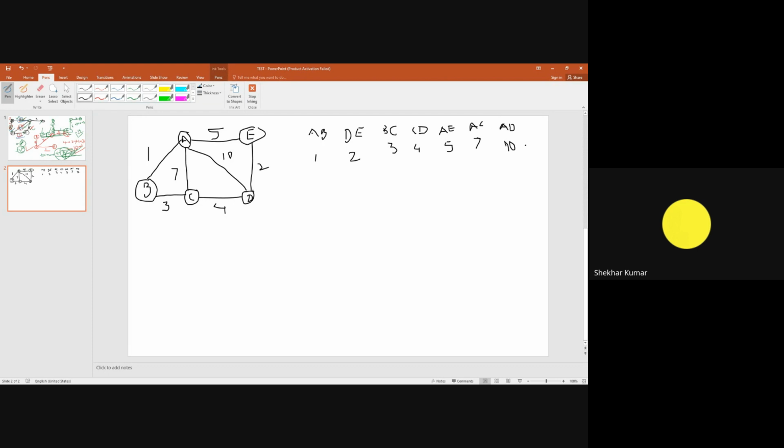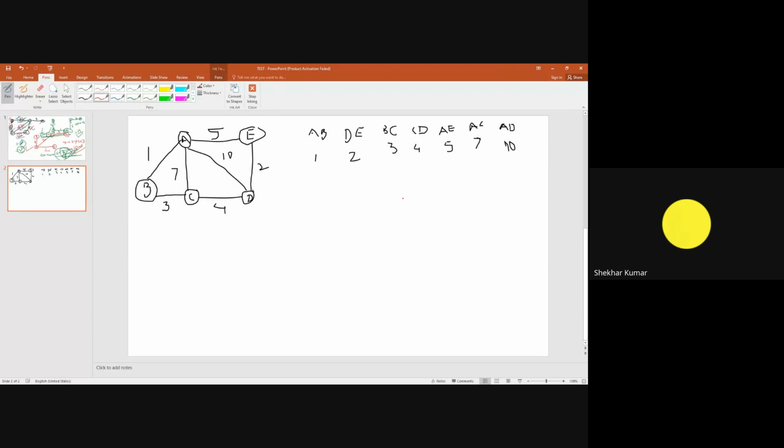In the first step I have sorted all the edges in ascending order of their weights. Now I will select the first edge with minimum cost and join it in the MST, the minimum spanning tree.